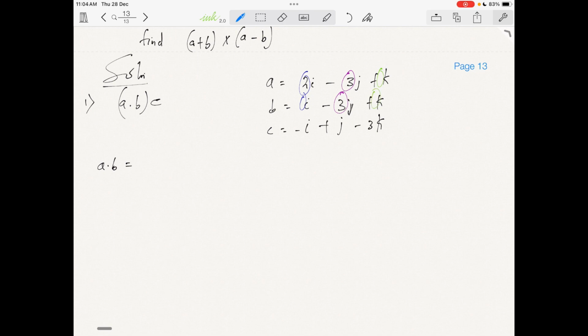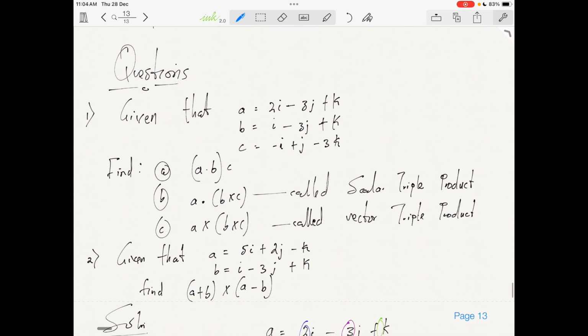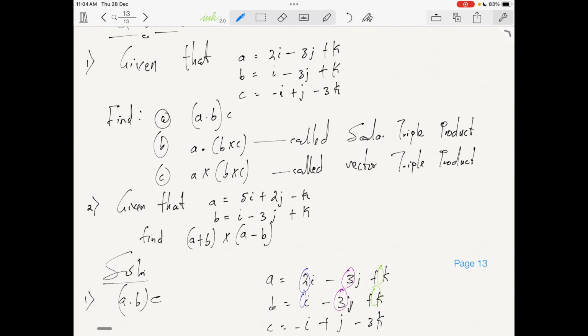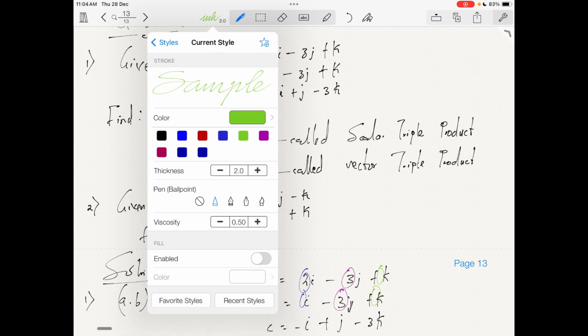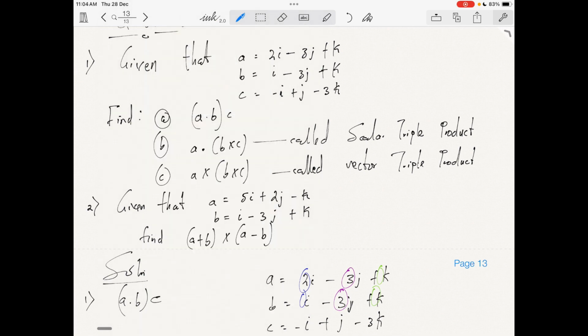Let's confirm our question again. Sorry, there's a mix-up. This is 2i minus 3j plus k, and b is 4i plus j plus 3k.